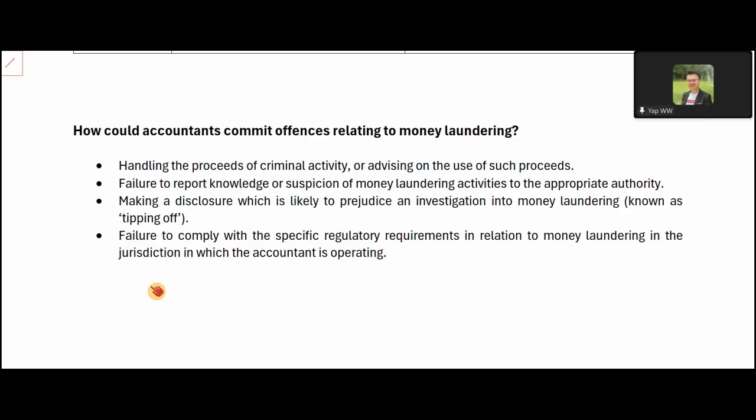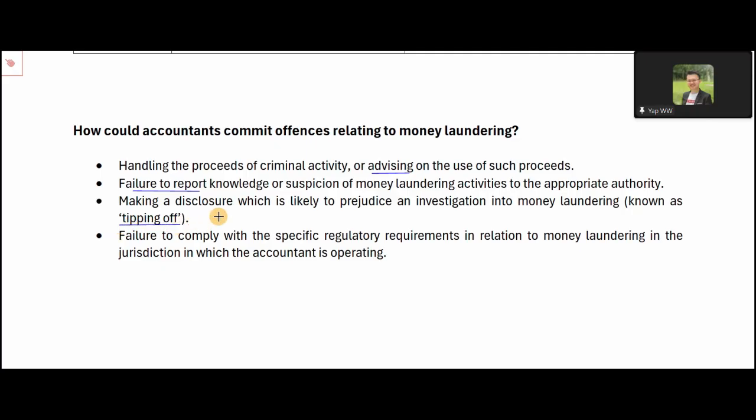Okay. Advising. Failure to report. When accountants know the client was involved in suspected money laundering, but accountants do not report, that will be an offense. Or making a disclosure to the client. This is tipping off.